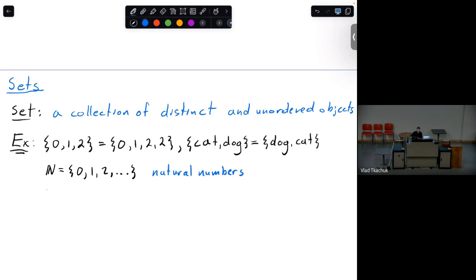There's another set called the real numbers. Okay, and I'm not going to define it formally in this class. If you take a real analysis course in math, it takes a good amount of lectures just to define these things, and they're defined based on sets: the natural numbers are defined as sets, and then the real numbers are defined from natural numbers. It's a whole complicated thing.